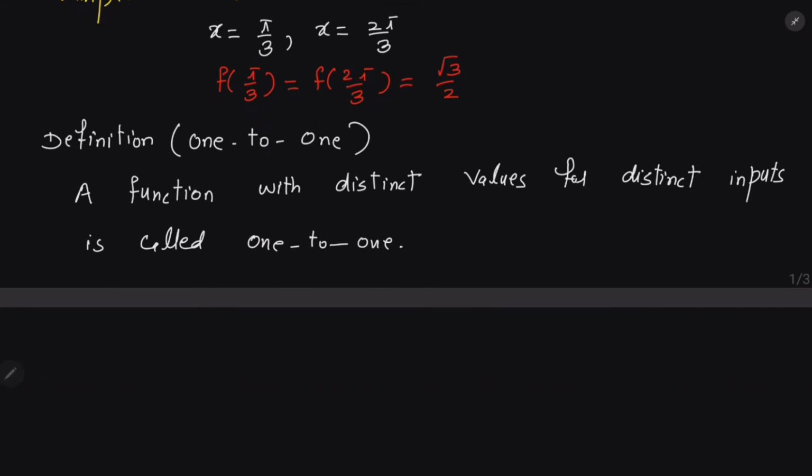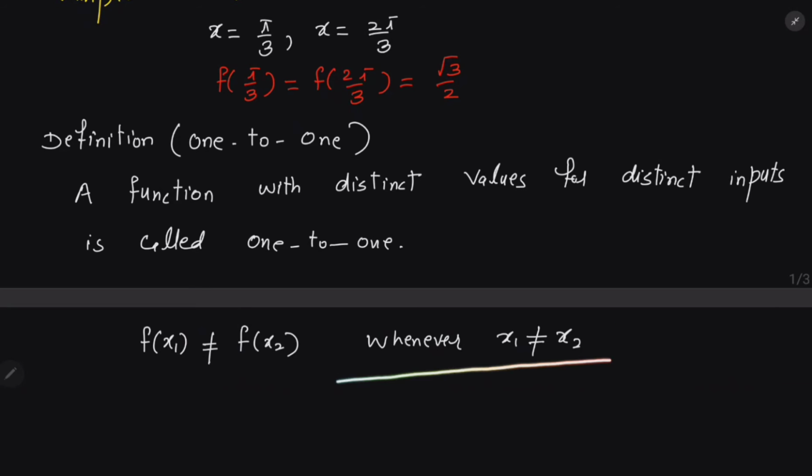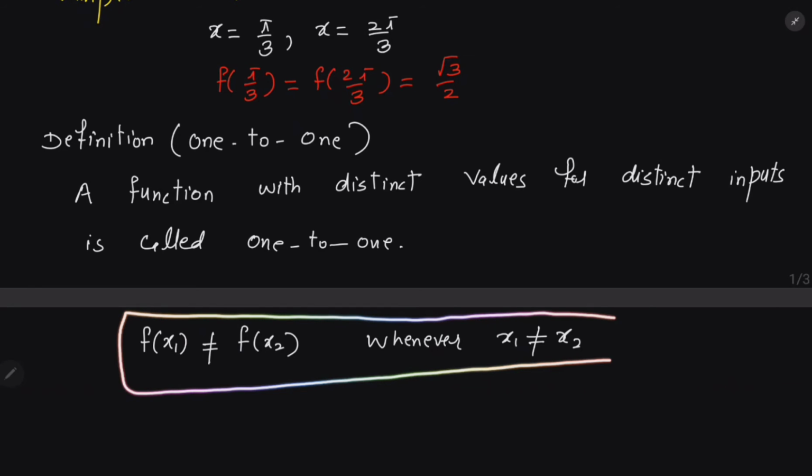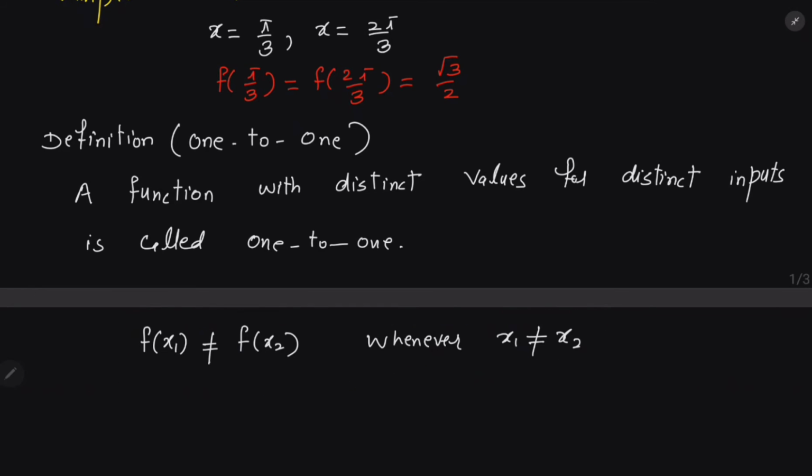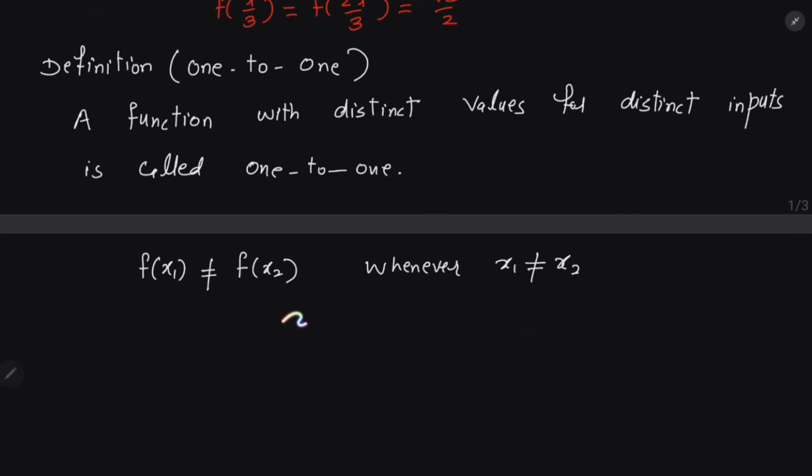And mathematically, we can write that f of x1 will not be equal to f of x2 whenever x1 is not equal to x2. So a function will be one-to-one when it satisfies this mathematical condition. So two ranges at two different inputs should be different. Let me just visualize it.